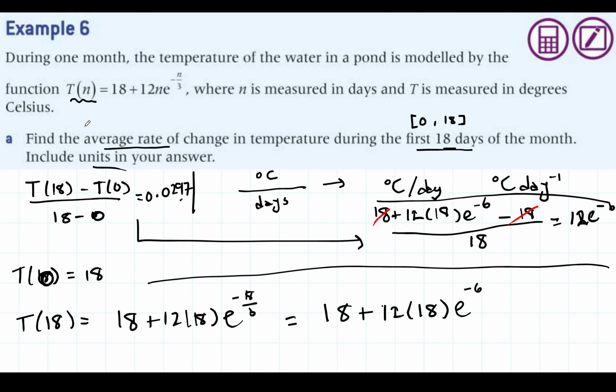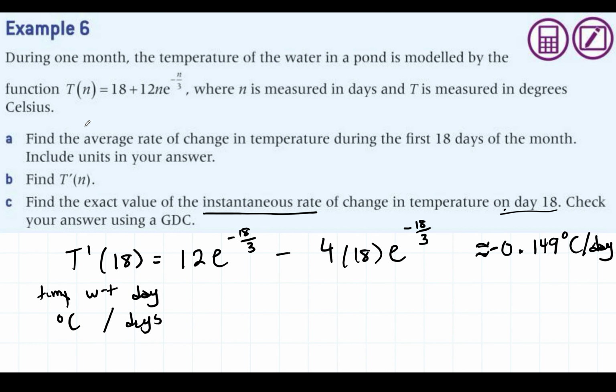Obviously, this is not the graph, but just to show you that it will be different during that time. And what this means is, overall, there's kind of a positive change of 0.02 degrees per day. But at precisely day 18, the temperature is actually decreasing by 0.149 per day. So that's the rate of change.